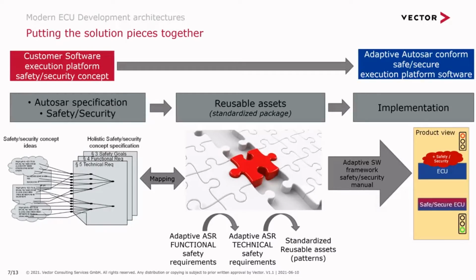On the other side, we have our final target, which is the Adaptive Autosar conformant execution platform software. At that moment, the Adaptive Autosar safety-related documentation is still under development.